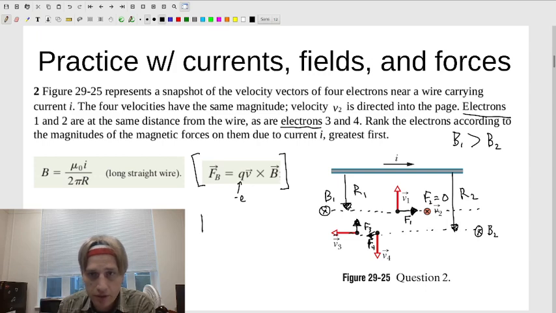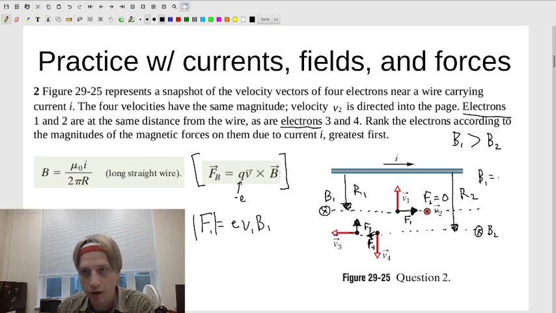as just positive numbers, my F1, the magnitude of my F1, would be E times V1 times B1, where B1 is equal to mu naught times I over 2 pi R1, so that's a bit bigger. F2 would be 0.